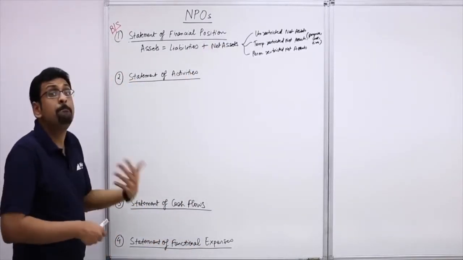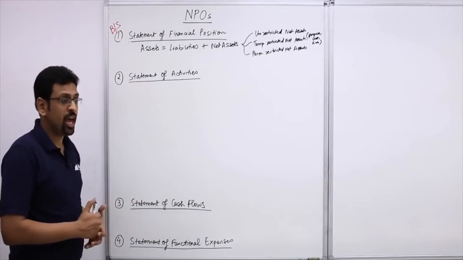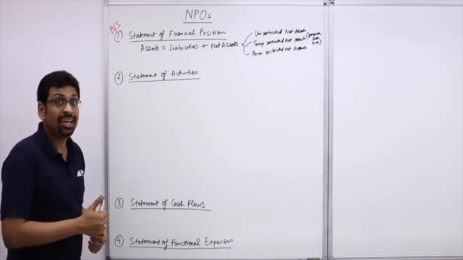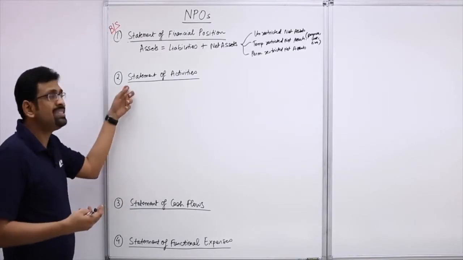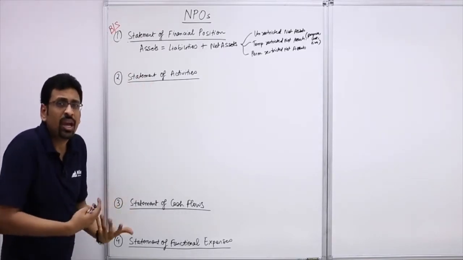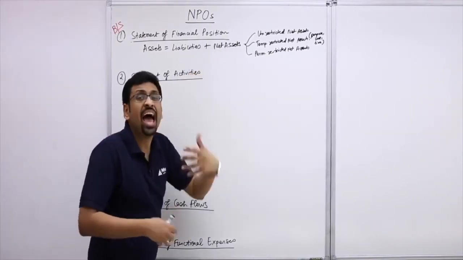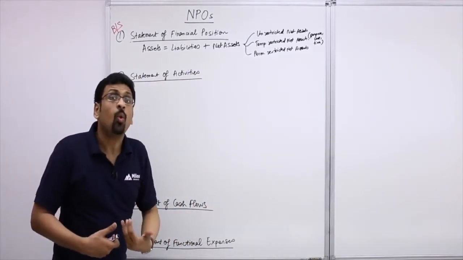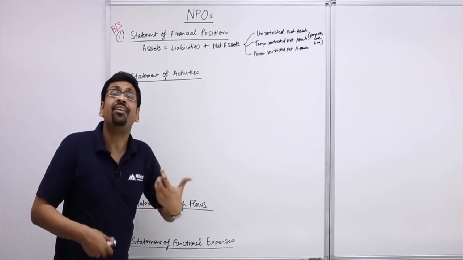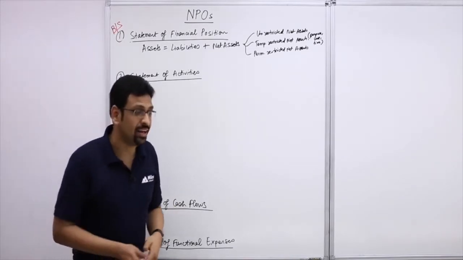You looked at the balance sheet, the statement of financial position. Let's now look at the income statement. Now the motive is not profits. We call it the statement of activities, where we're looking at how these net assets have changed during the year. And then we look at what were the beginning net assets and reconcile it with the ending net assets.